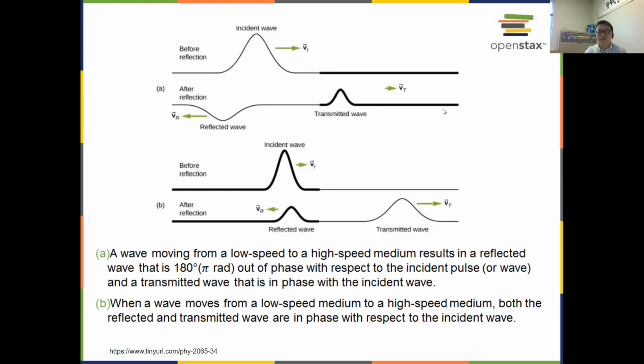The transmitted one will not have a phase shift. On the other hand, if the wave goes from a dense medium to a less dense medium, the transmitted wave again has no phase change, and the reflected wave has no phase change either. So they both keep the initial phase.